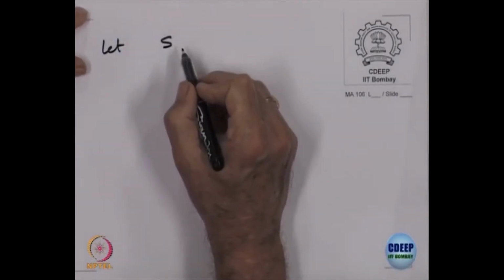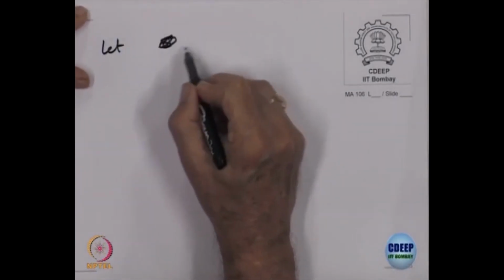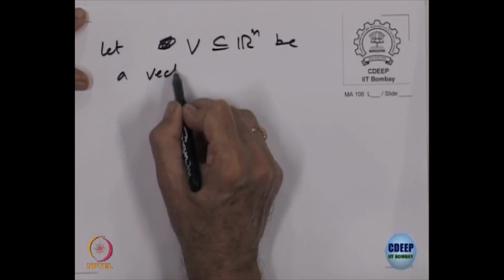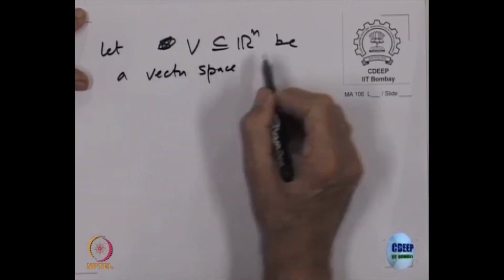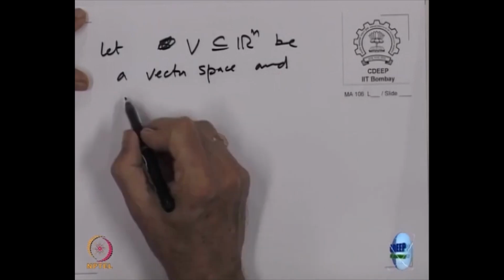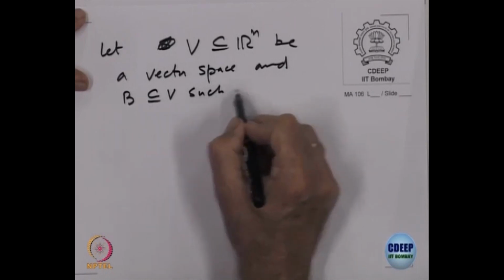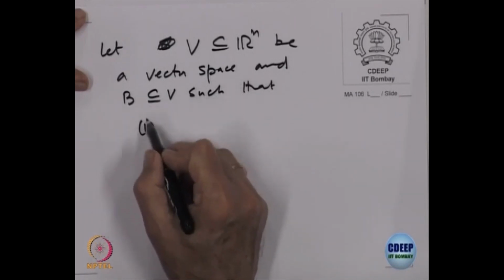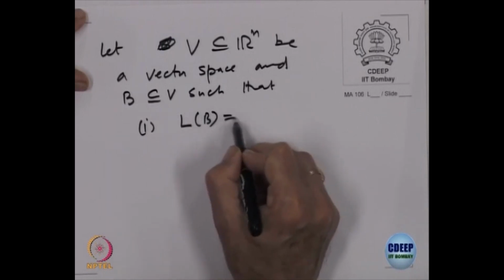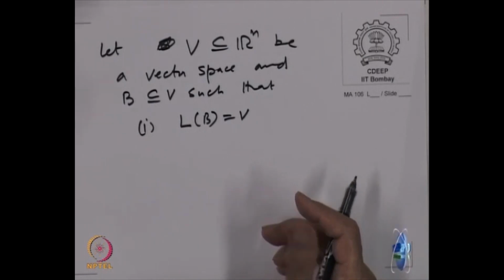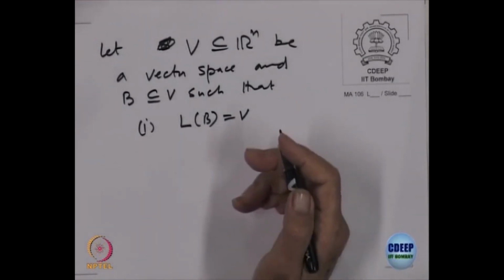So, let us define. Okay. Let us take V contained in Rn to be a vector space and B a subset of V such that, 1, the span of B is equal to V. V is a vector space which is the span of B, right.